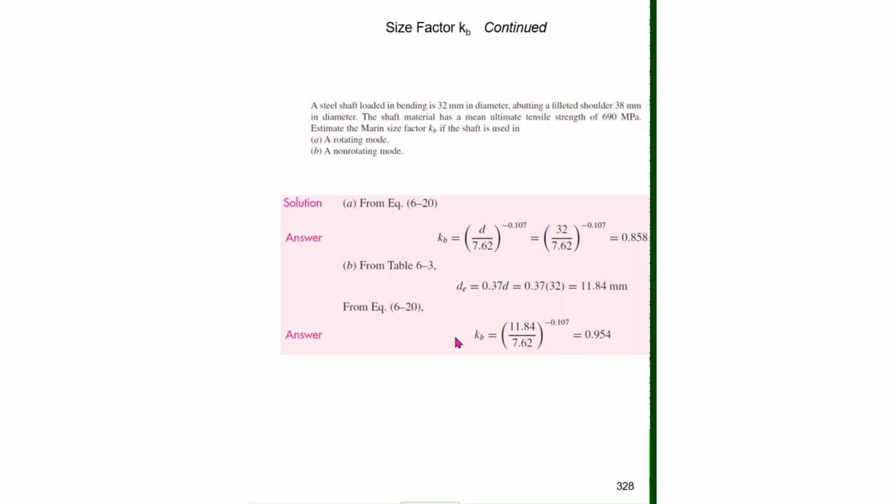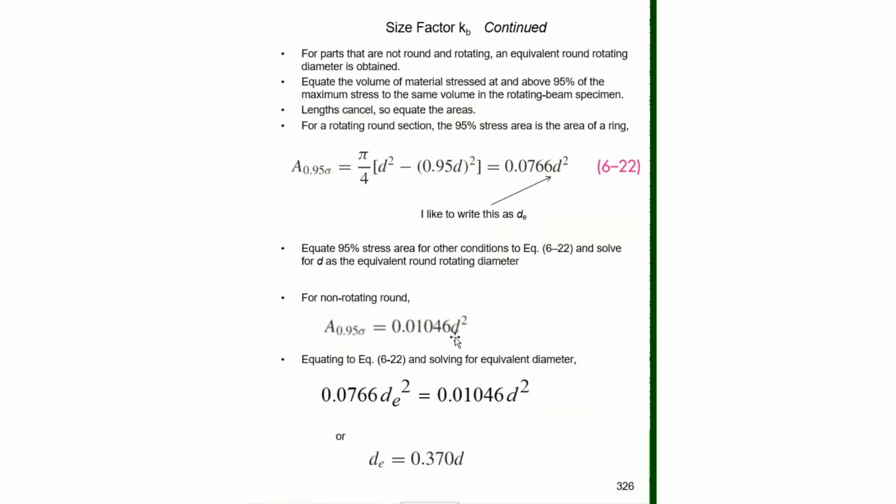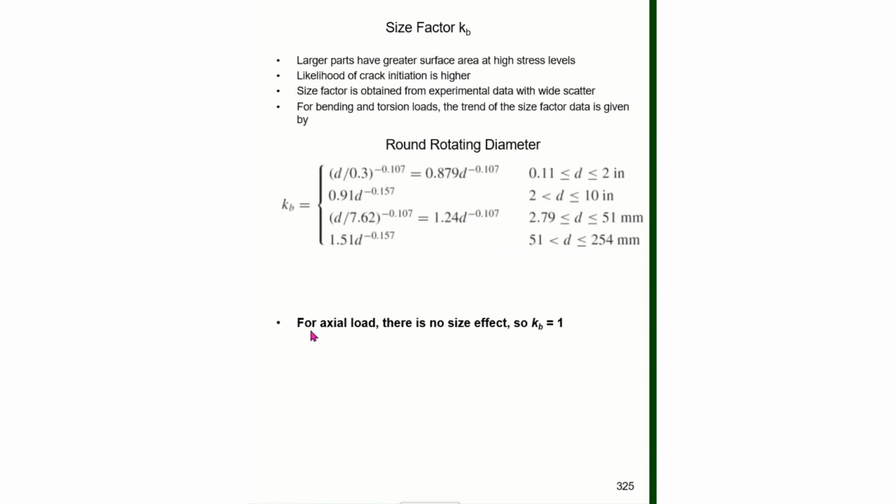Now, one other very important thing to note about KB is that for axial loads, so if the member is seeing an axial load, there is no size effect, and KB is equal to 1.